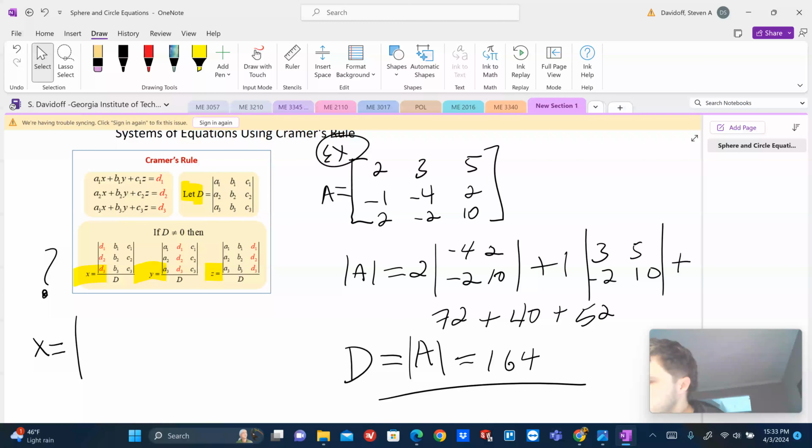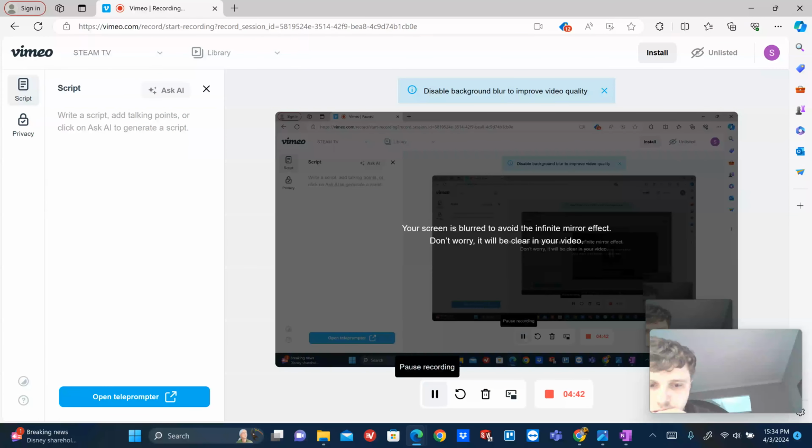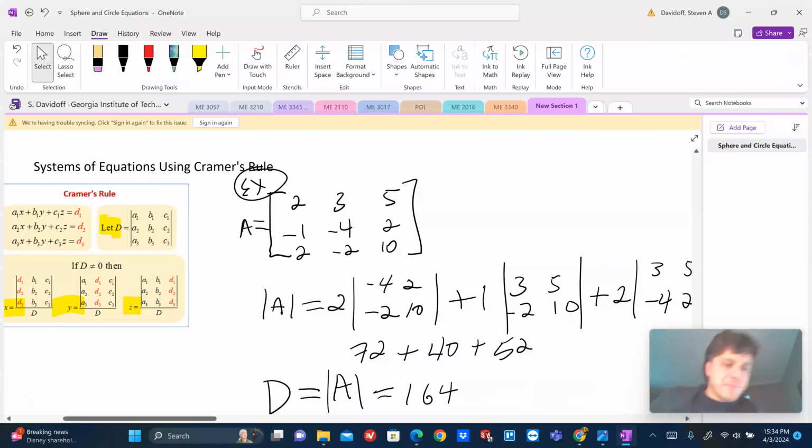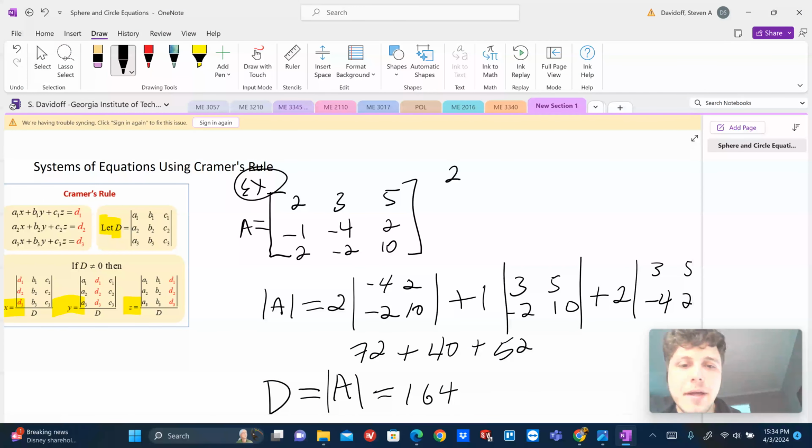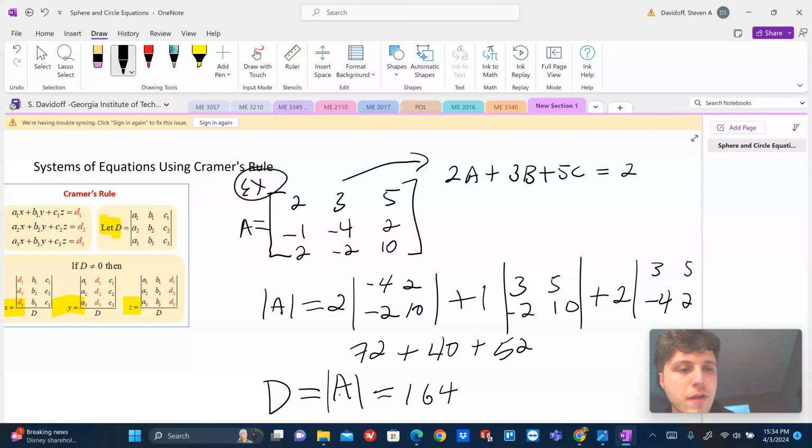Let me rewrite this. To avoid any confusion, I honestly should have given the equations to begin with. But essentially it could be anything like 2a plus 3b plus 5c is equal to some number, which let's just say is 2.